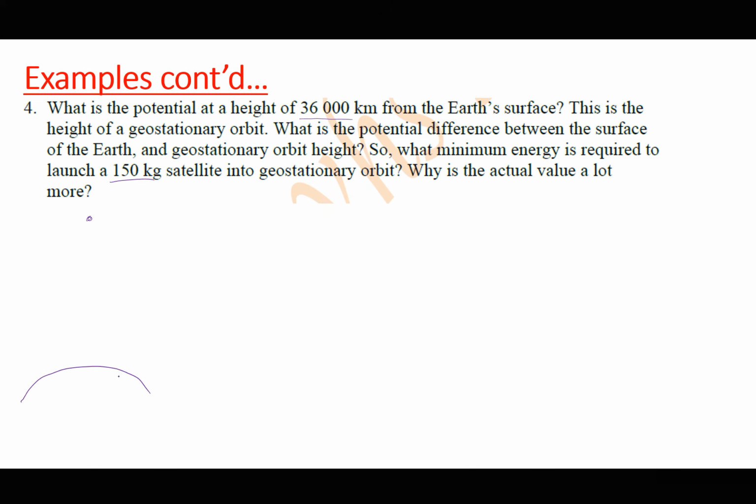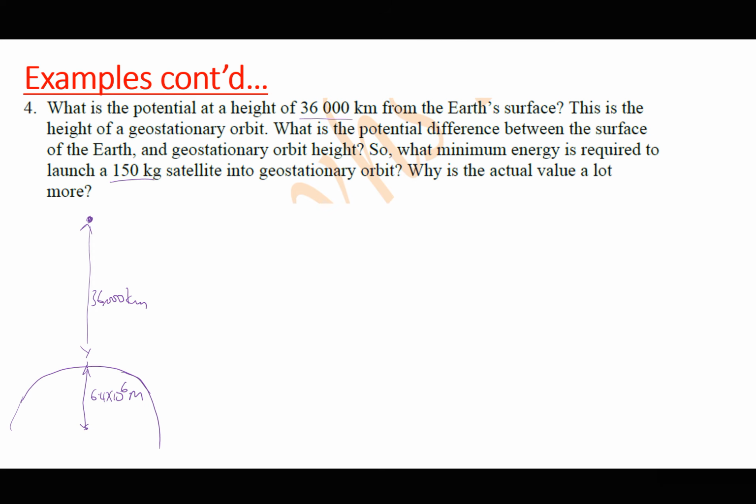But height could be this side. So this height is 36,000 kilometers. But remember, potential is measured right from the center of the Earth, where this distance is 6.4 times 10 power 6 meters. So we want potential at this point here.